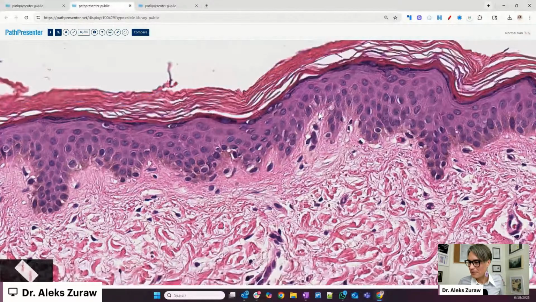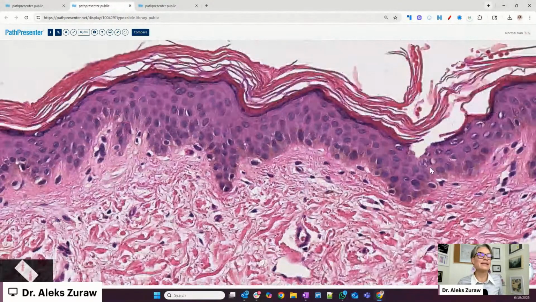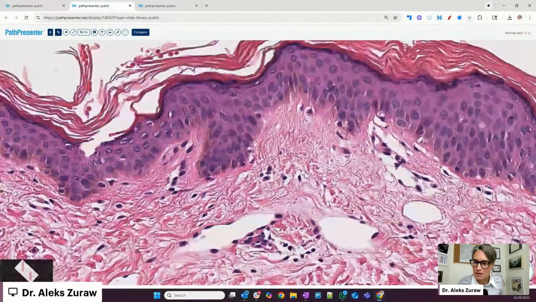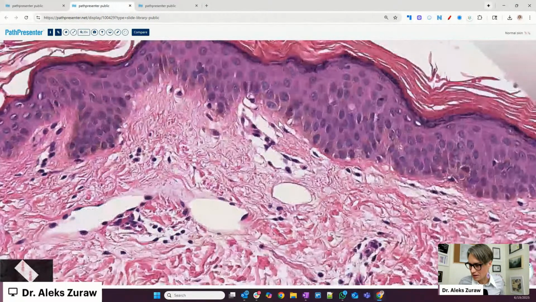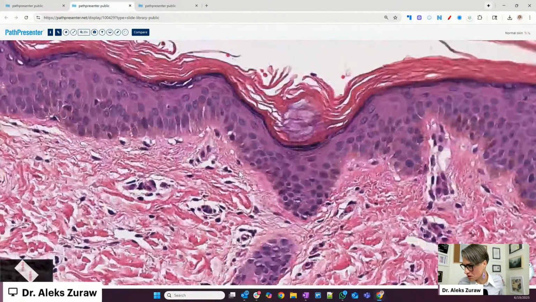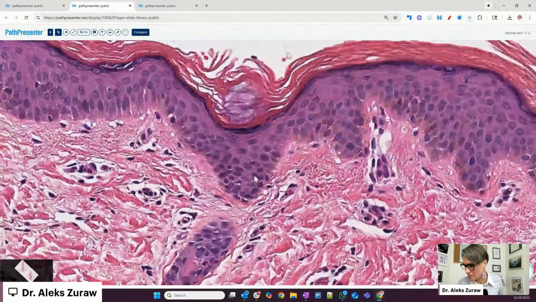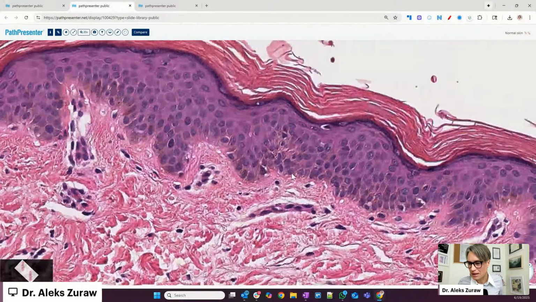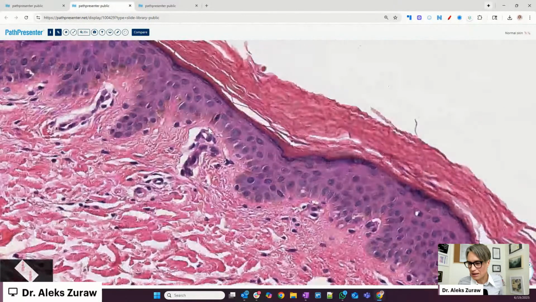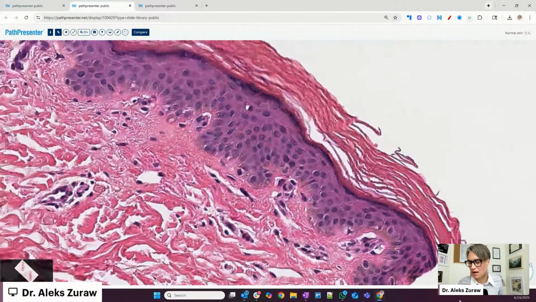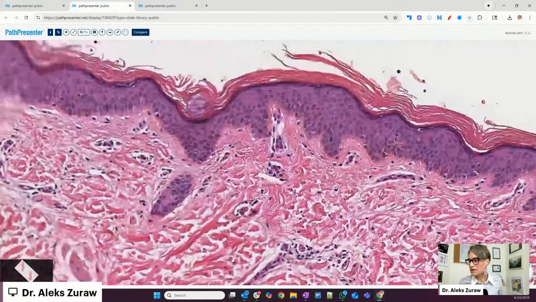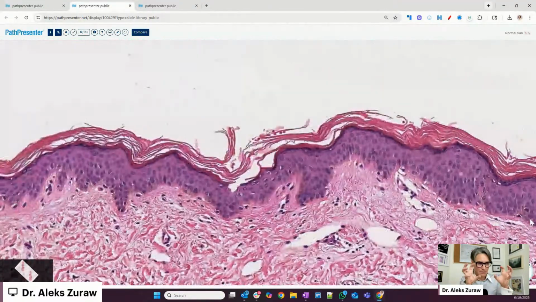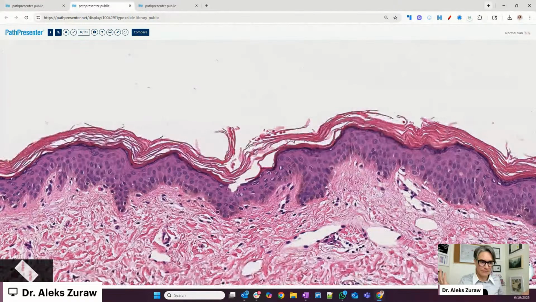So I always take the appearance as the most perfect appearance, but I want to find some cells that are spiny. Here, maybe this one is spiny. Well, it's triangular, so I wouldn't say it's spiny. But basically, above our stratum basale, we're supposed to have stratum spinosum, where these cells have some projections.